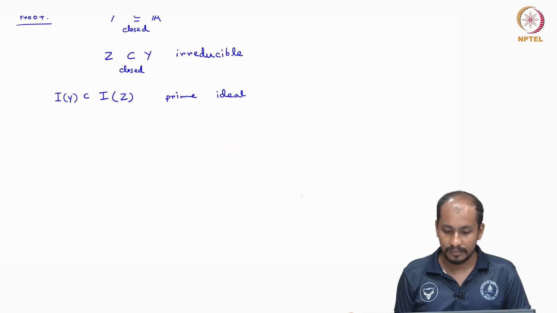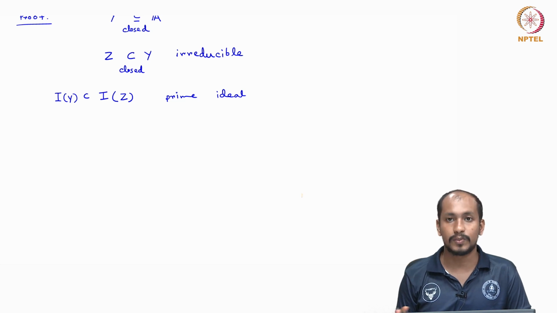So, we see that there is a one-to-one correspondence between the irreducible closed subsets of Y and the prime ideals containing I(Y), where I(Y) is the ideal of the algebraic set.